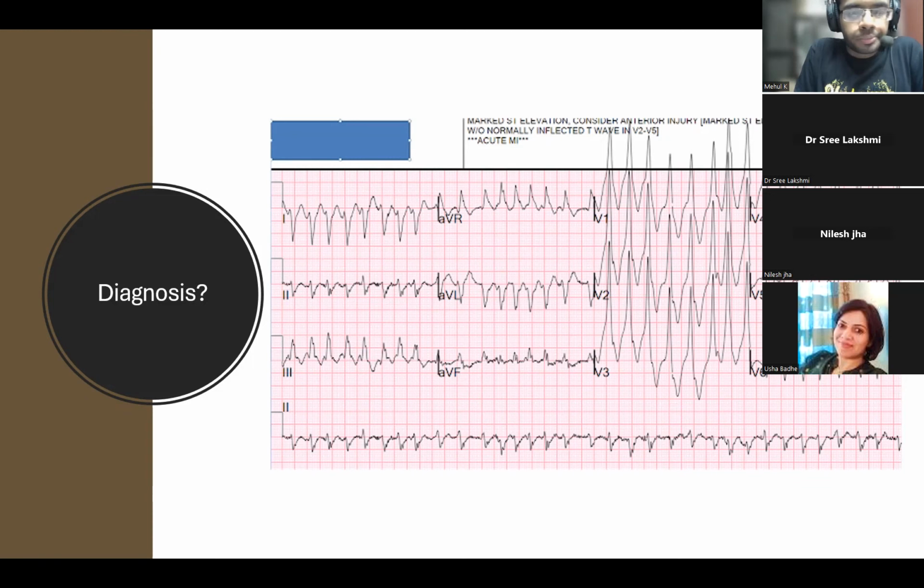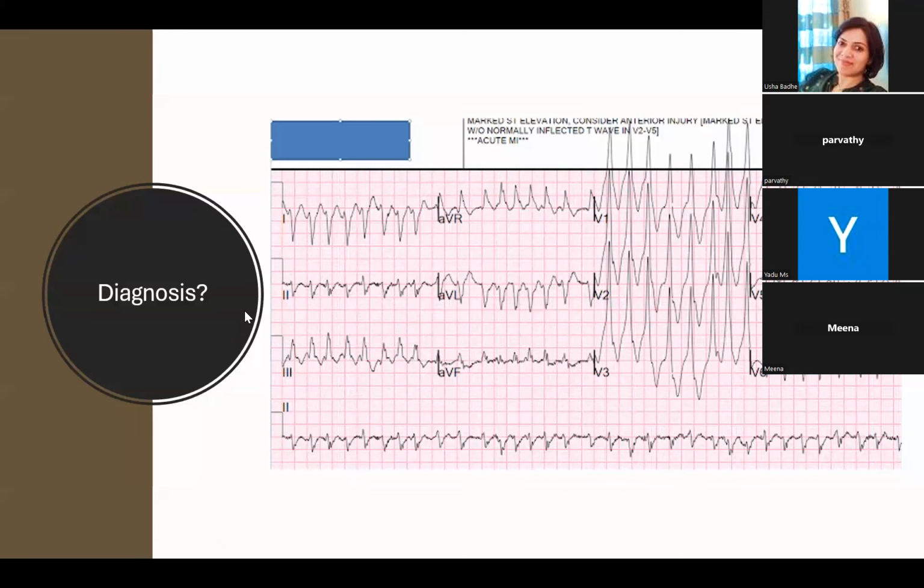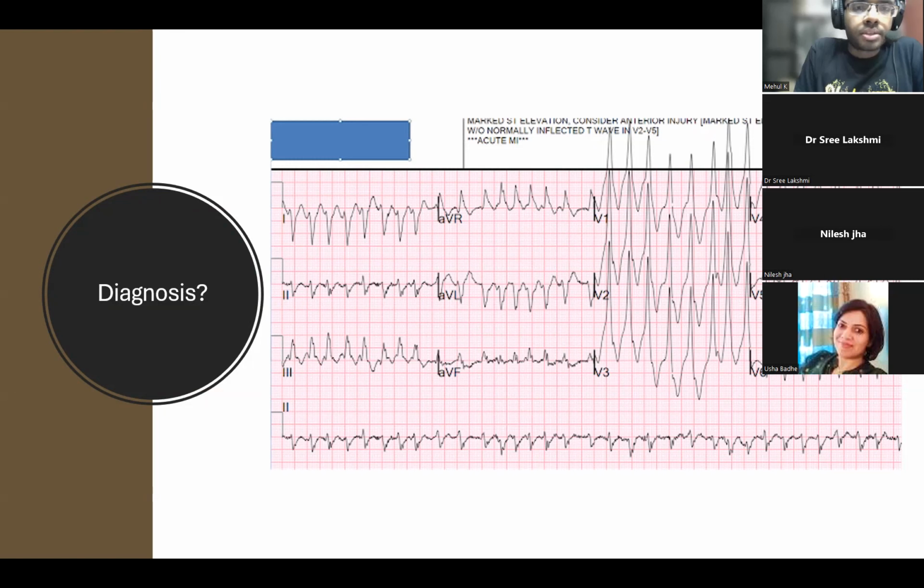What about this one? What is peculiar about this tachyarrhythmia? Anybody with any ideas can give a guess.